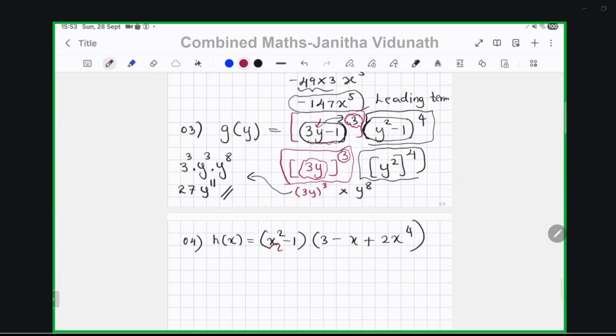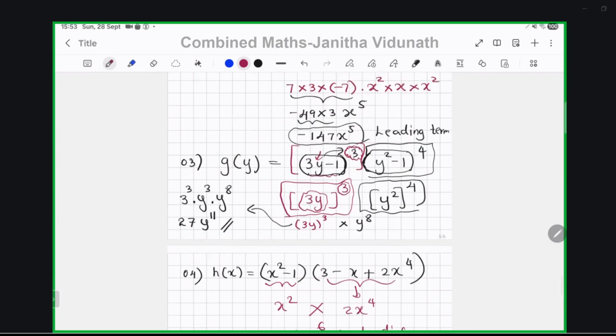Then the highest term of this bracket is x square, and the leading term of this bracket is 2 times x to the power 4. Then the highest term should be given by multiplying those two terms. That means 2 times x to the power 6. Then this is the leading term.